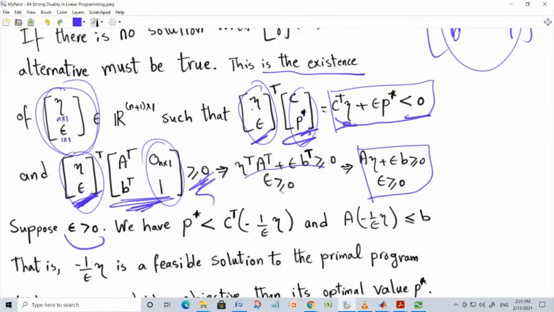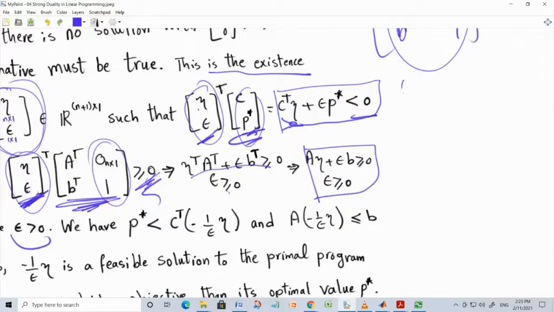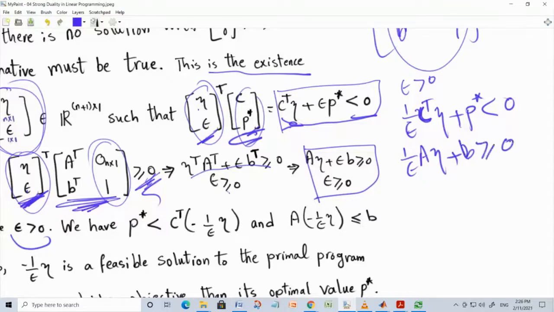Now, if epsilon is strictly positive, you can divide by it, right? So you can write down something like this, and something like this. No worries, because epsilon is a strictly positive number. But this is problematic. Why?